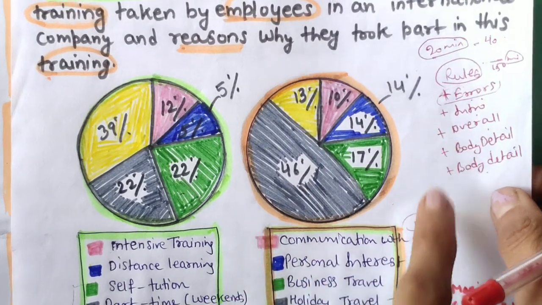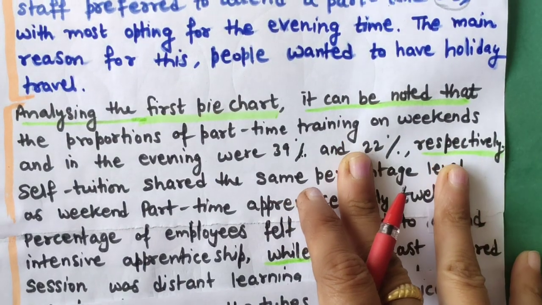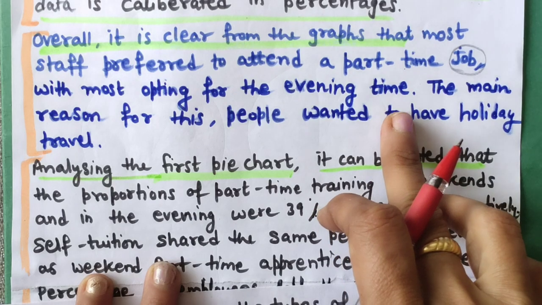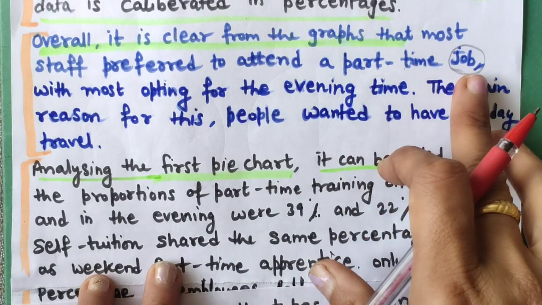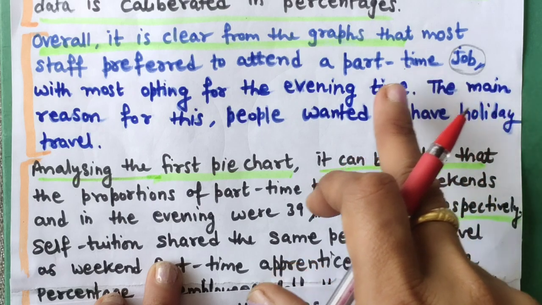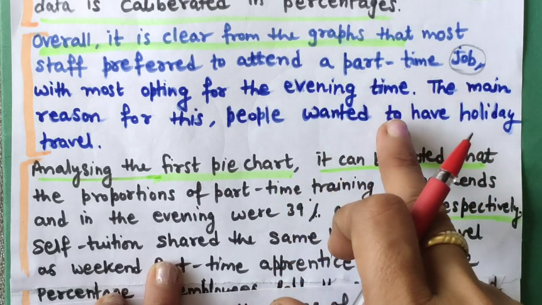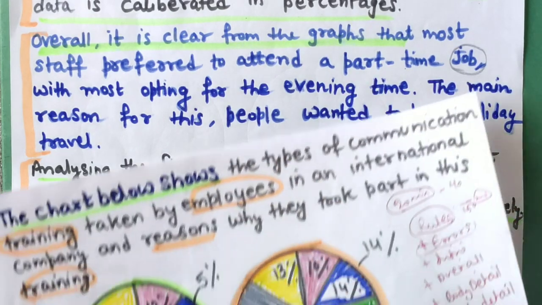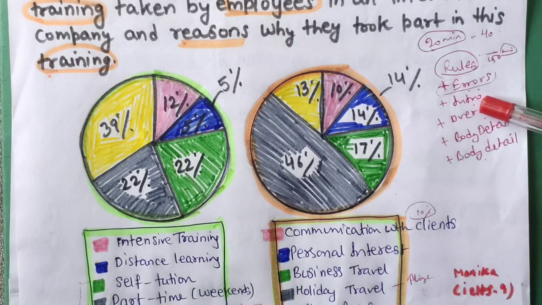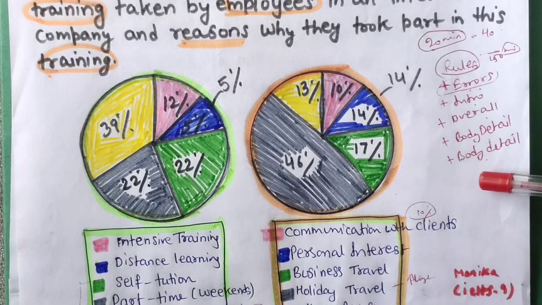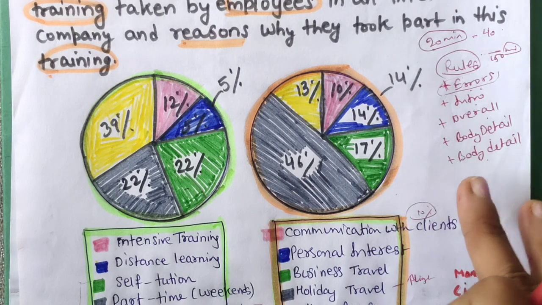As I told you, when you finish your writing task 1, you have to reread your writing to find any punctuation mistake, spelling mistake, and repetition of words. That is important. Then the format of writing task 1: first you will write the introduction, overall paragraph, body detail 1 and body detail 2.